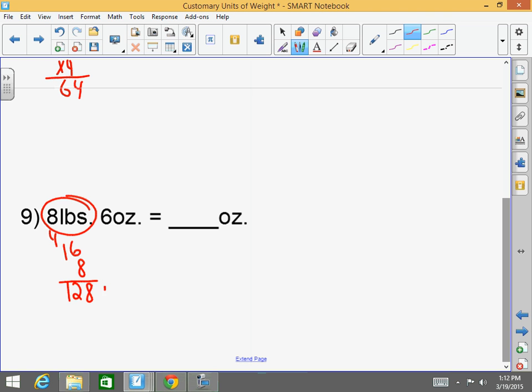That's 128 ounces plus 6 ounces equals 134 ounces. Does that make sense, gentlemen? May I continue, gentlemen? Okay.